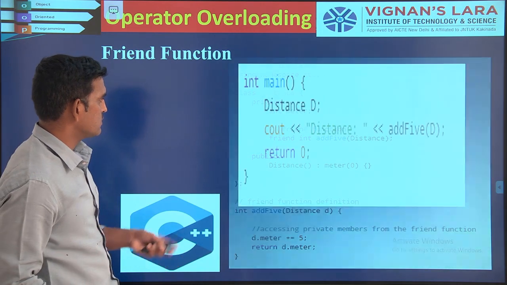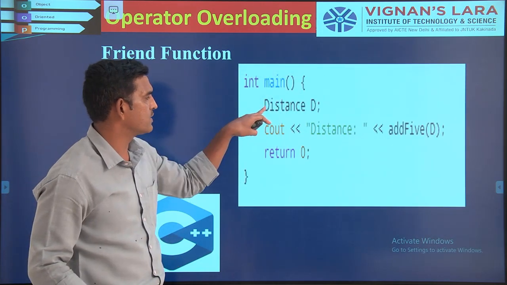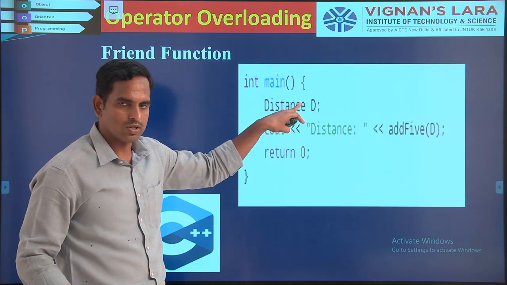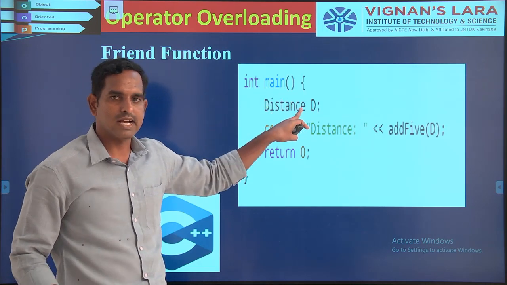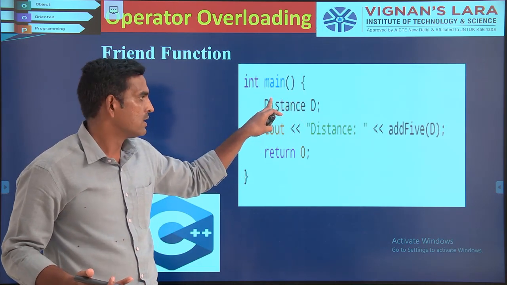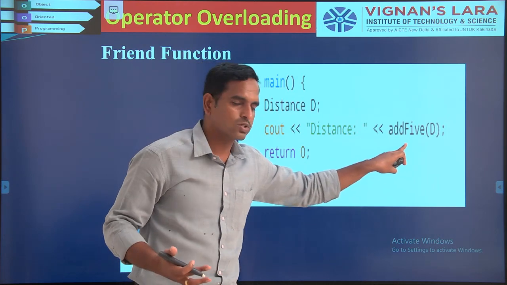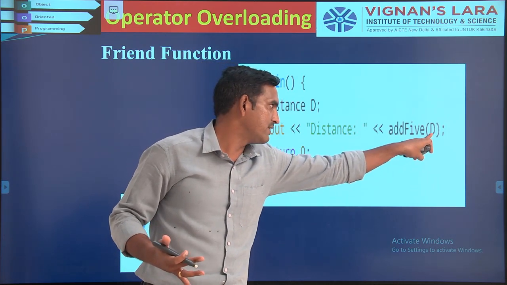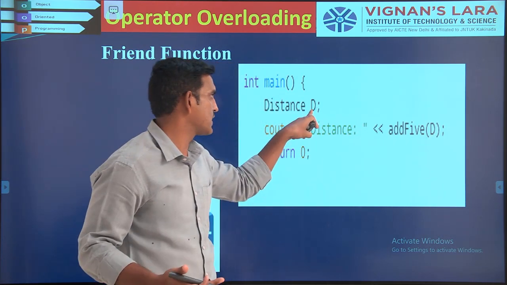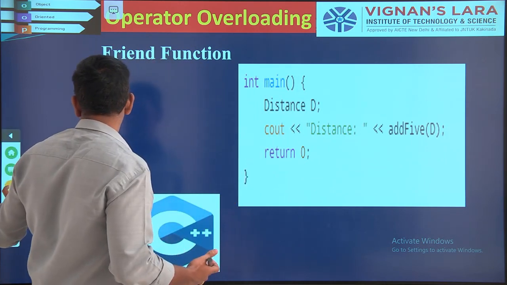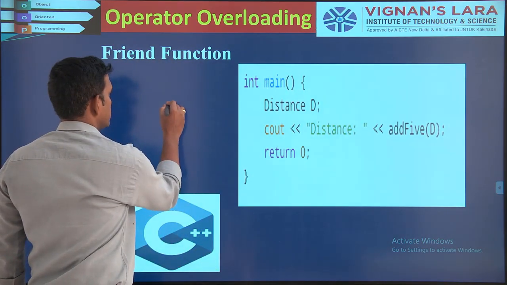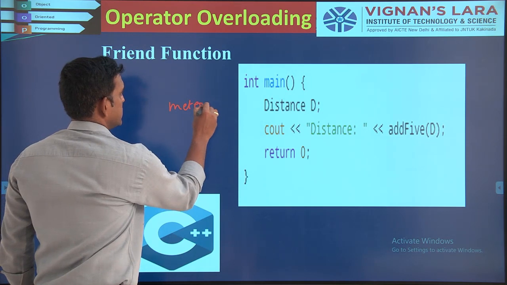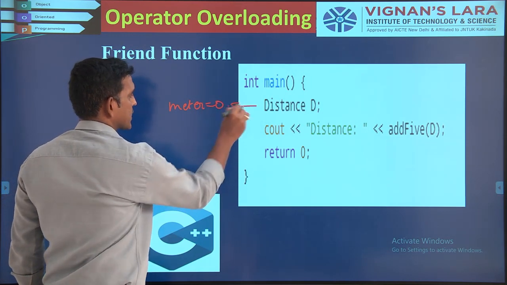For that, in main, I have first declared one object D, and I have used the object to call the friend function add5(D). When I declare this object D, what will happen? Your meter value will be made 0. Why? Because it will call your constructor.